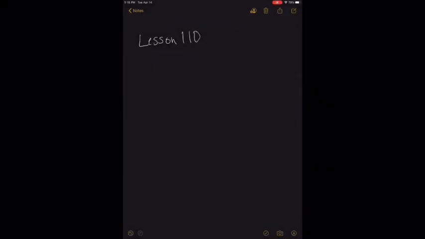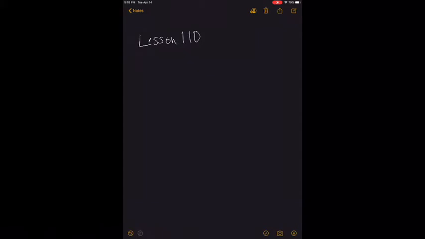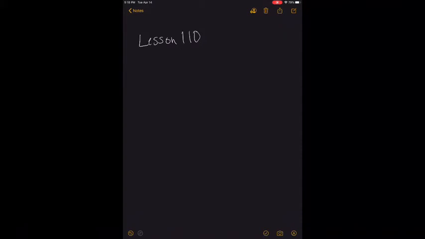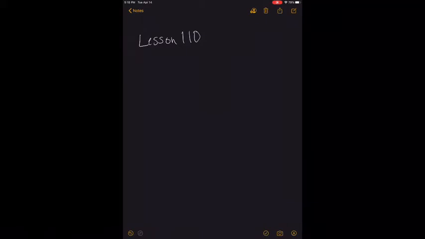Lesson 110 is about symmetry. If you just think about different objects that you have in your house, think of a window. Windows are symmetrical. If you put a mirror down the middle of the window, it would reflect what's on the other side.